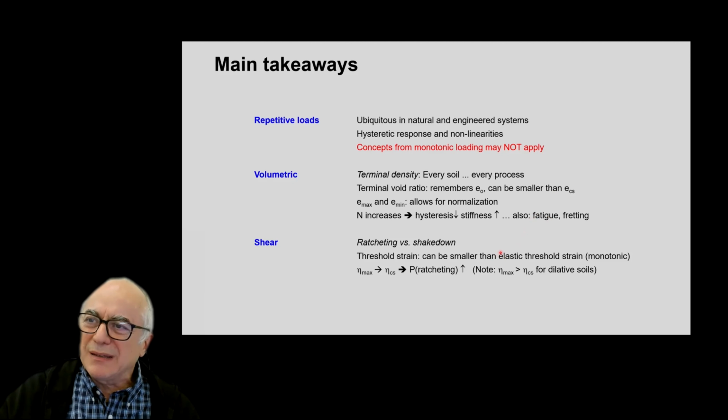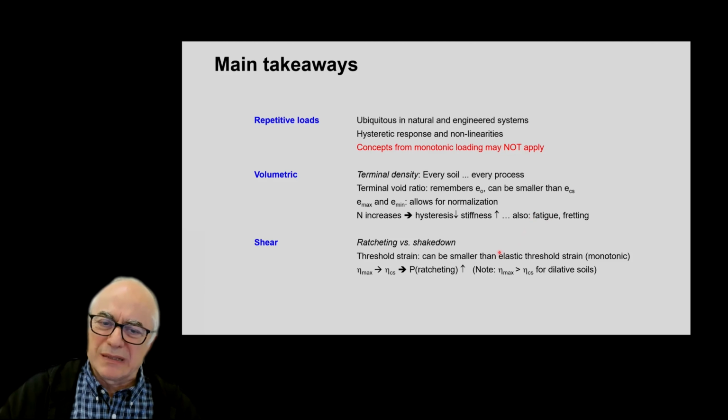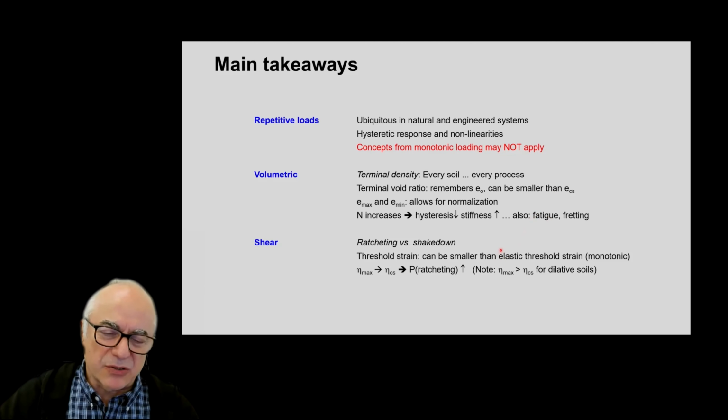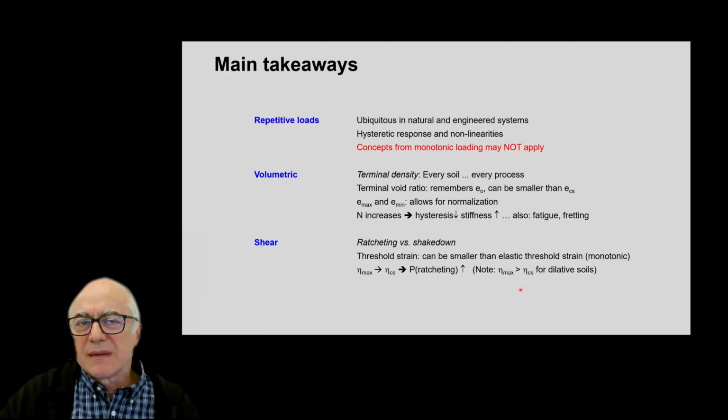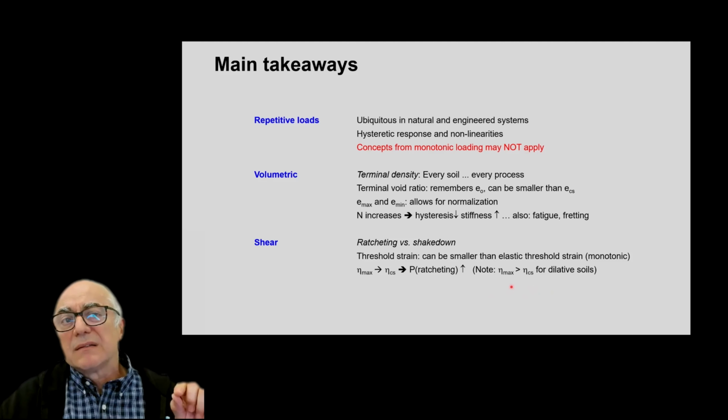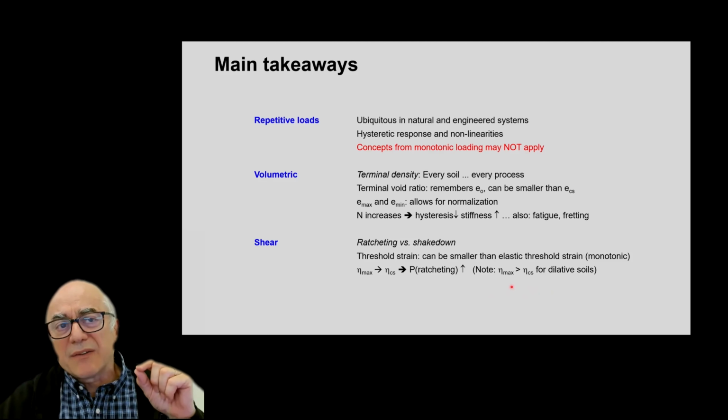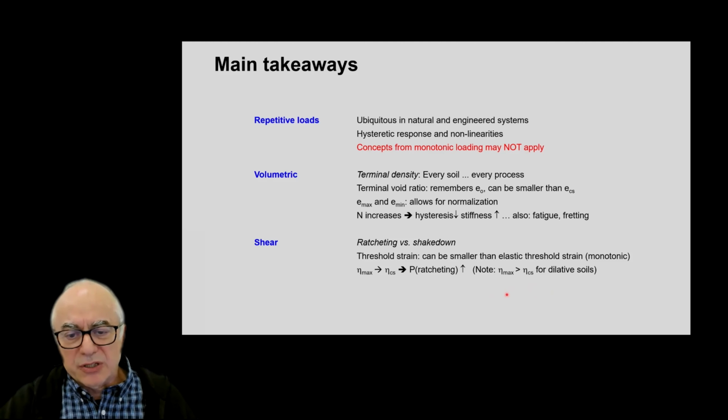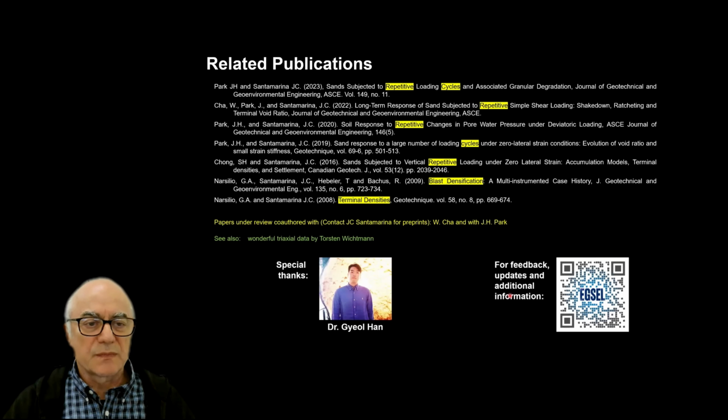When the peak stress during the cycles approaches the critical state or the Coulomb envelope. Otherwise, there is a good chance that the system will evolve towards a shakedown condition. Please notice that the peak shear stress will have to exceed the critical state of liquidity in order to lead to ratcheting conditions in dilative soils.